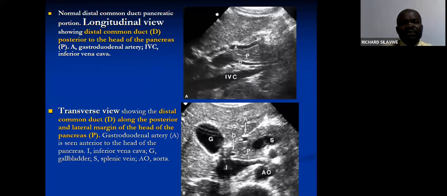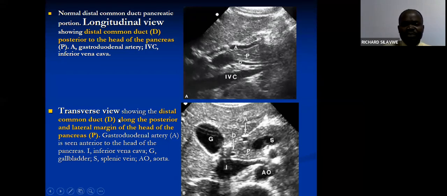These are some of the views which are showing the normal distal common duct, pancreatic portion. You can see part of the pancreas there. You can see the hepatic artery. You can see the IVC there.